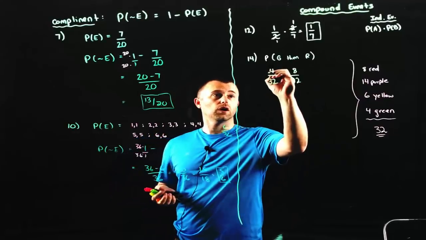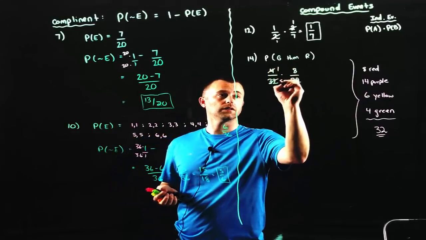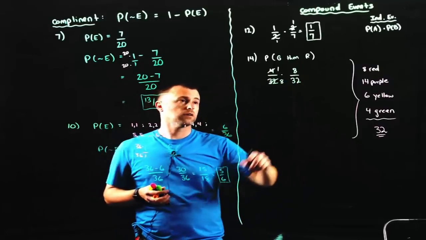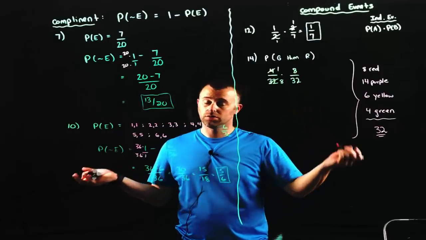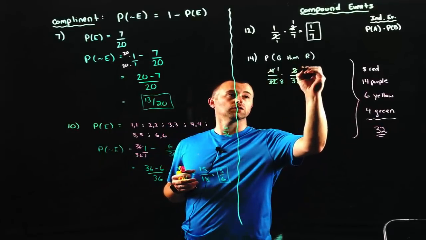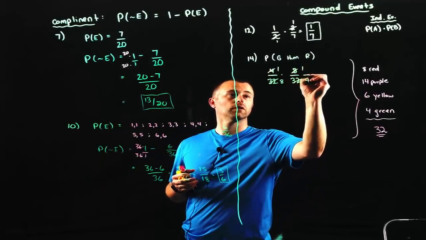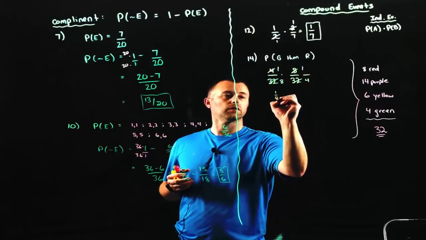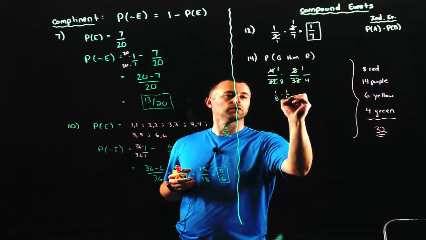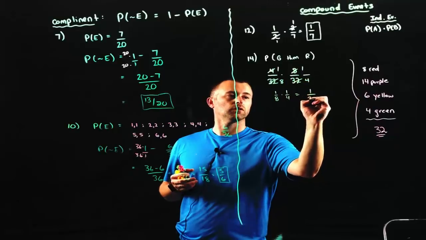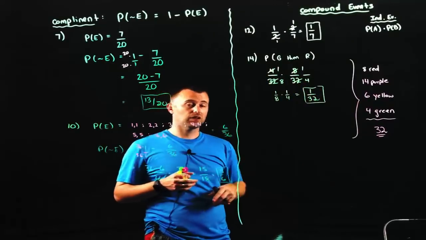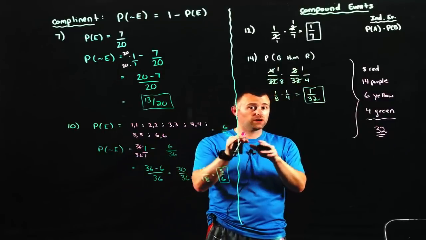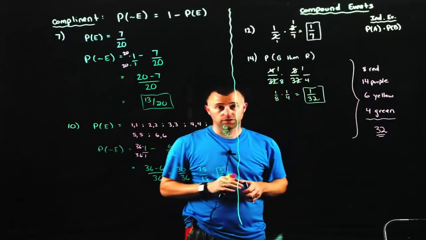So we're going to go 1 out of 8. Over here, we have 8 out of 32. Well, 8 goes into 32 4 times. So 1 over 4. So we have 1/8 times 1/4, which is 1 over 32. So the probability of those happening in succession, like one after another, is 1 out of 32.